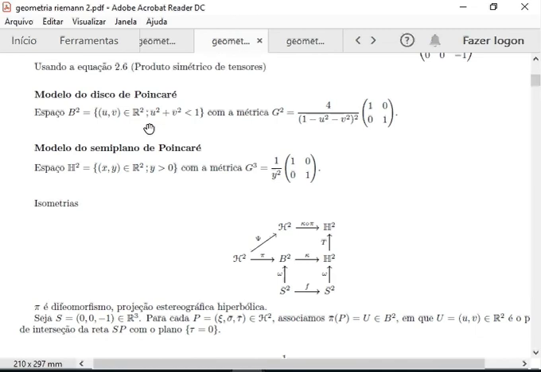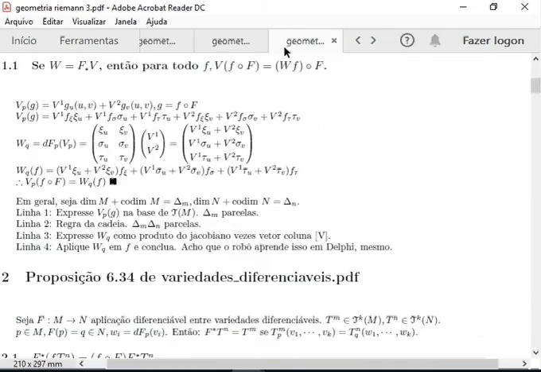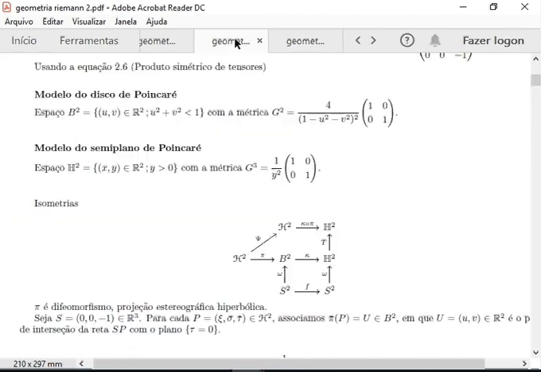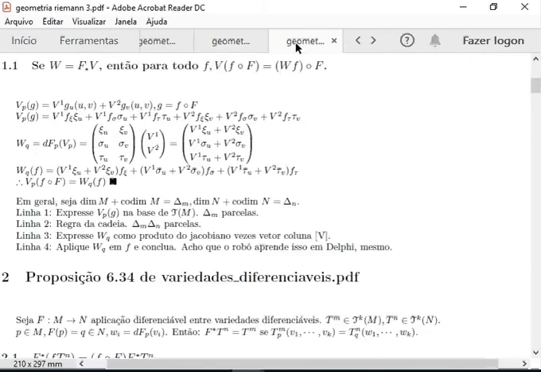Here's U V, U squared plus V squared less than 1. At point P, we have V1 and V2, and we have G_U, G_V. Who is G? G is 4 over (1 minus U squared minus V squared) squared.